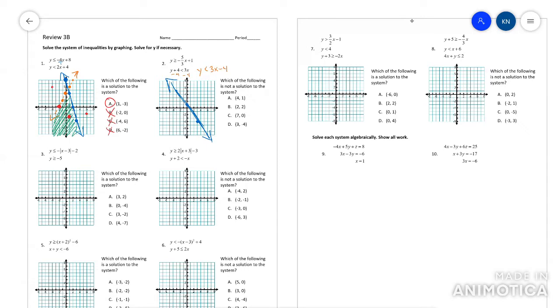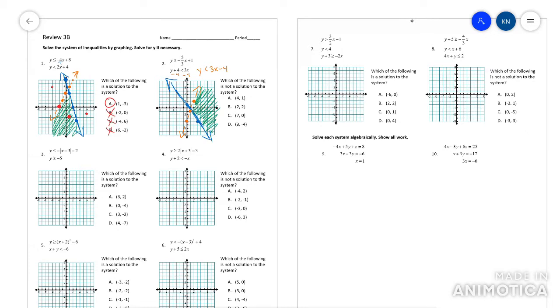So it's a dotted line, y-intercept of -4. Rise 3, run 1. Make it dotted. All right, now the shading. It's everything greater than the blue line, so everything above the blue line, and then everything below the orange line. So above the blue line and below the orange line would be this section right here.